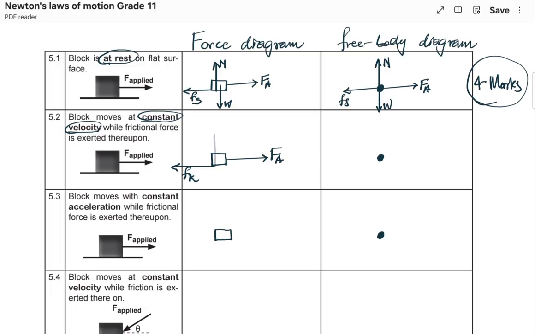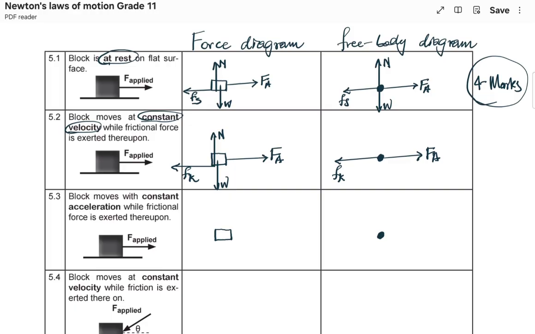Then I'll still be having the normal force. I'll still be having the weight that will be downwards. Or even this side, it will be the force being applied, and also the kinetic frictional force.